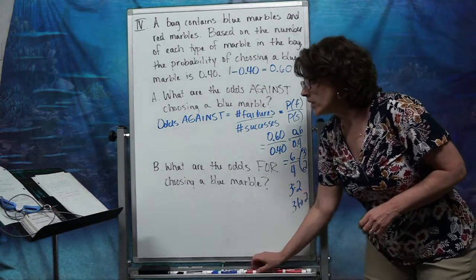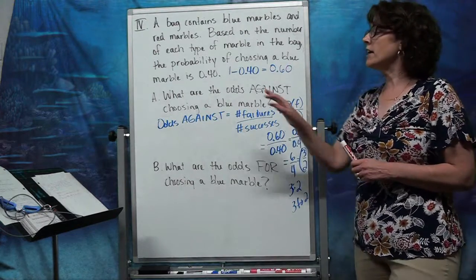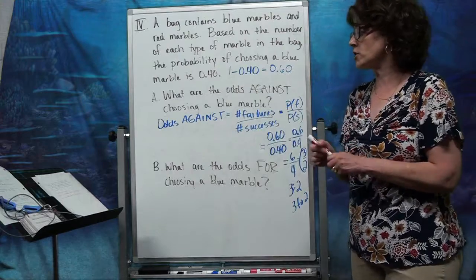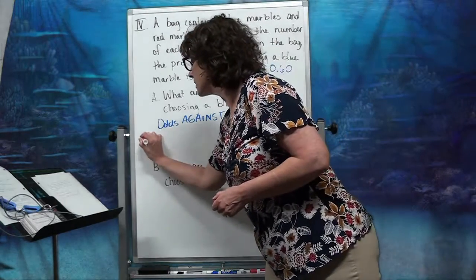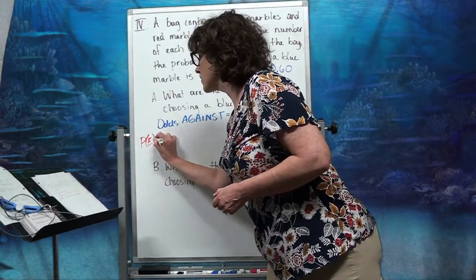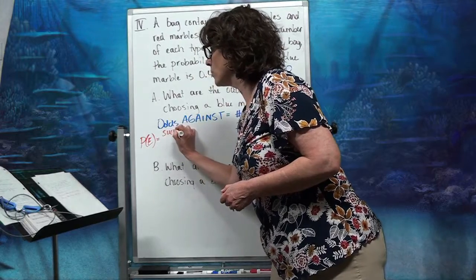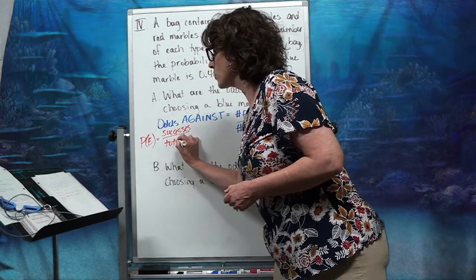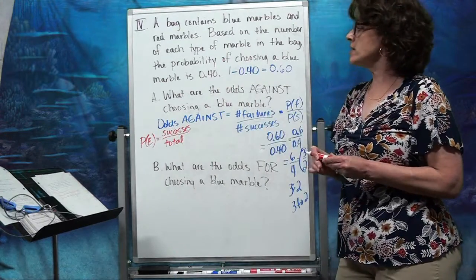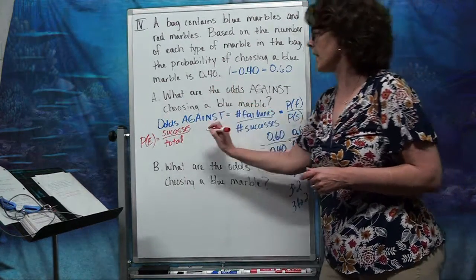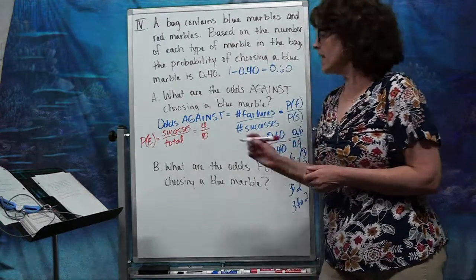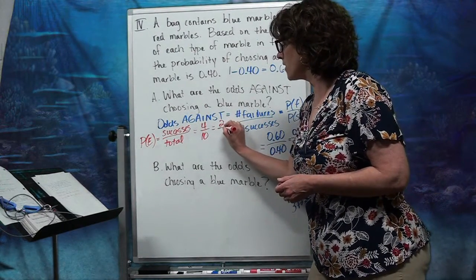Now, another way I can look at this is, if I know that the probability is 0.40, here's another option. Recall the probability of an event is successes over total. I don't know each one of those, but what I do know is that 0.40 is the same thing as 4/10, and 4/10 simplifies to 2/5.